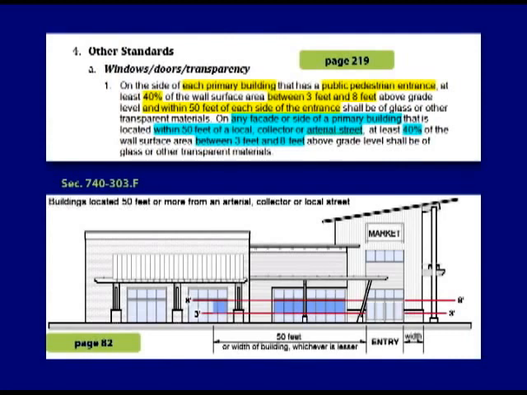When we talk about the transparency of a building, we're talking about the windows and doors. And it's not just windows and doors plastered with signs or plastered with product.